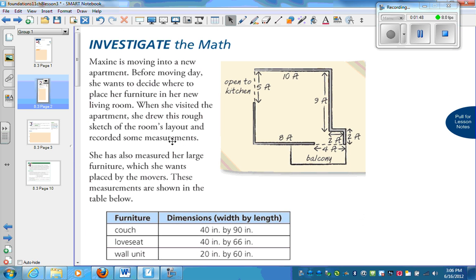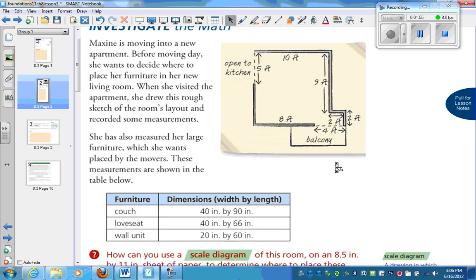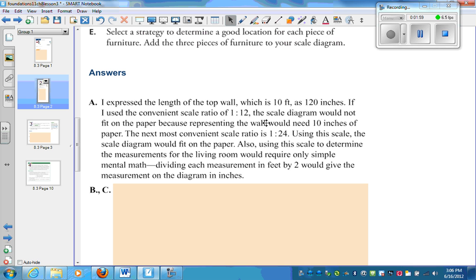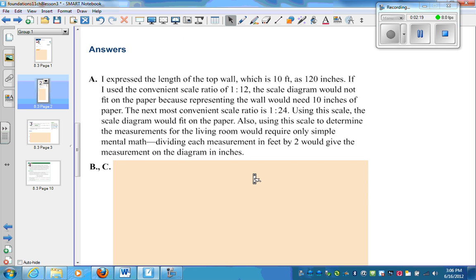Remember this is 10 feet, and I still have this 9 feet over here, so that wouldn't quite work, plus the balcony. So that's not going to work. Then the next most convenient is going to be half that, 1 to 24. Using that scale, the diagram would fit on the paper. Also, using the scale to determine the measurements for the living room would require only simple mental math. Dividing each measurement in feet by 2 would give the measurement on this diagram in inches. Okay?